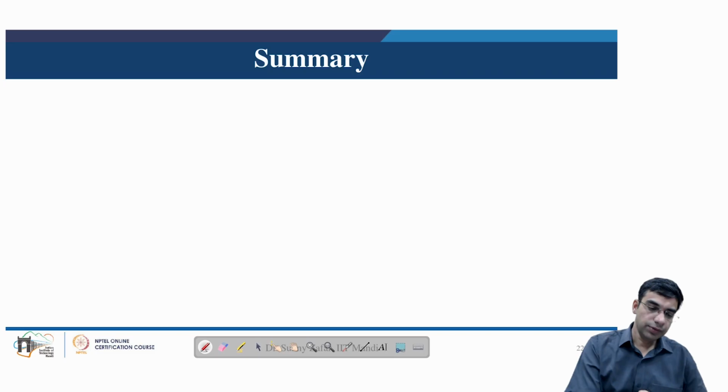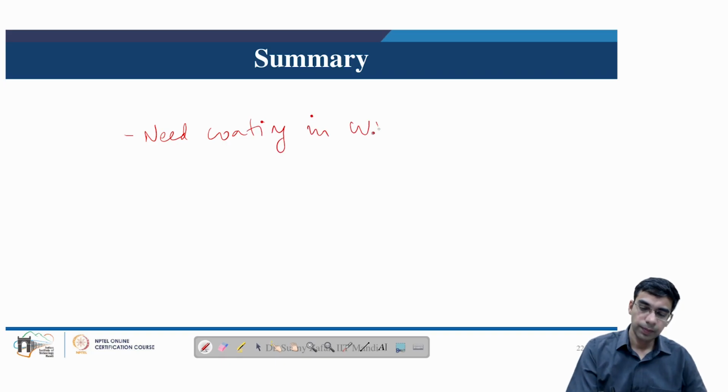So in the summary of today's lesson, we have seen the need of coatings on wind turbine blades. We have seen different types of coatings.